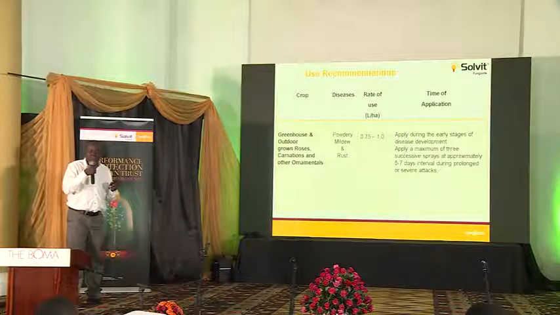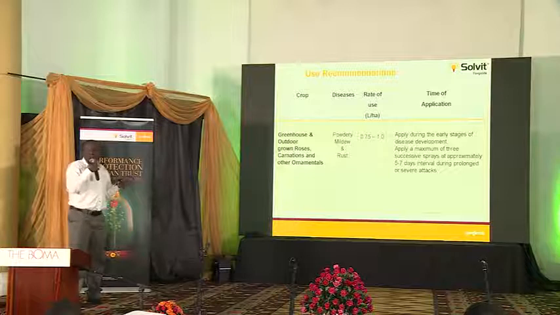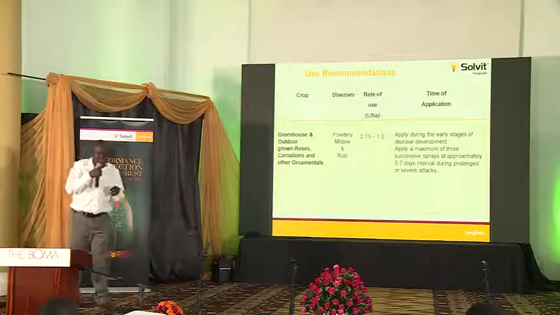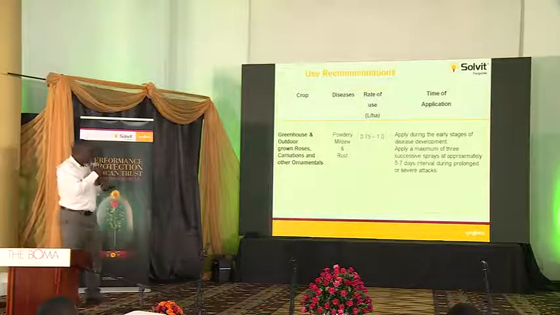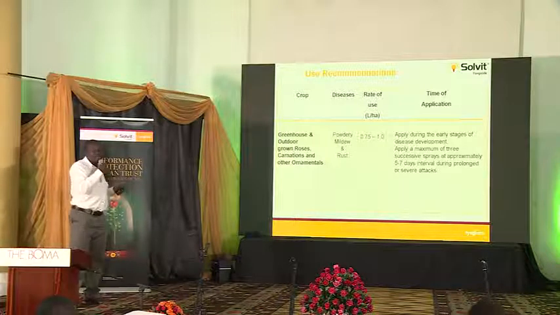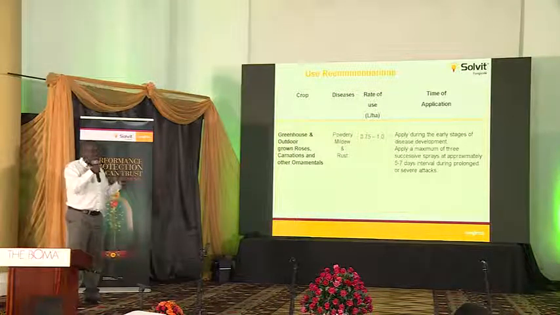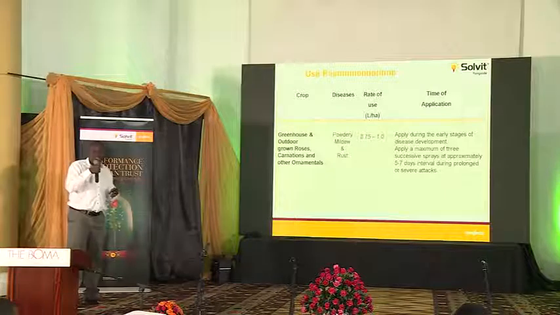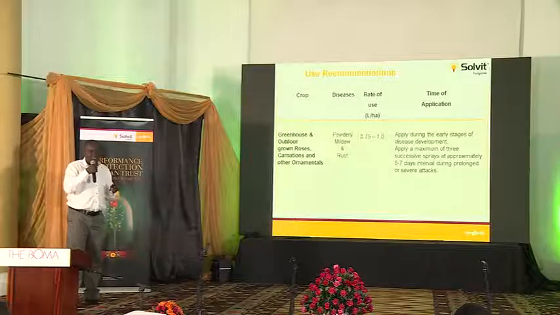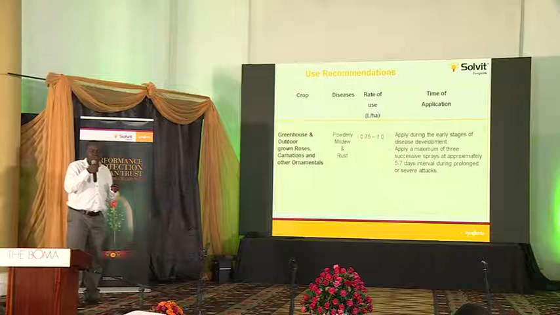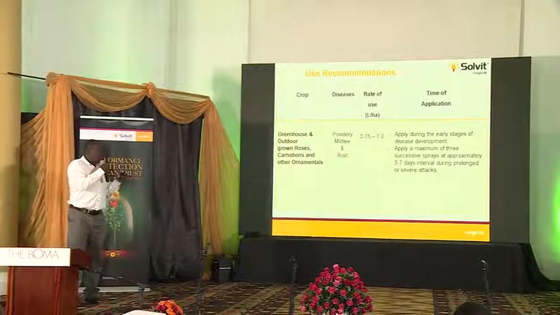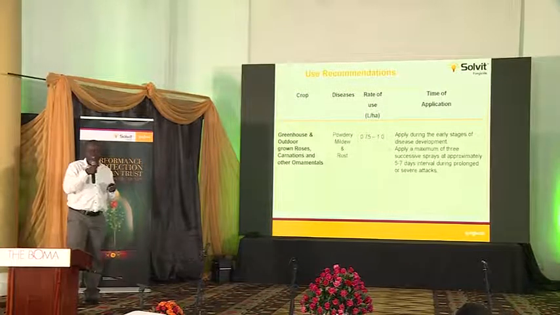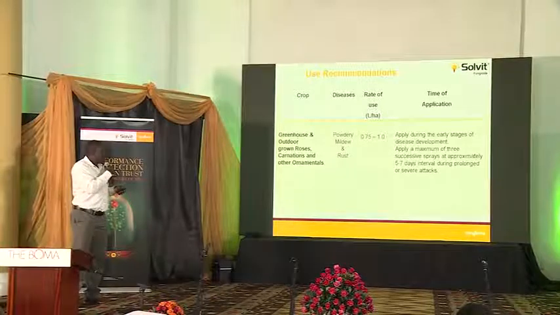It's a big issue. And if you use Solvit in the program, then there's no danger of having epidemics of rust in your greenhouse. And also mentioned is that Solvit has a side effect against botrytis. It is not the #1 line of control for botrytis, but when you use it in a program, it also reduces your pressure for botrytis disease.